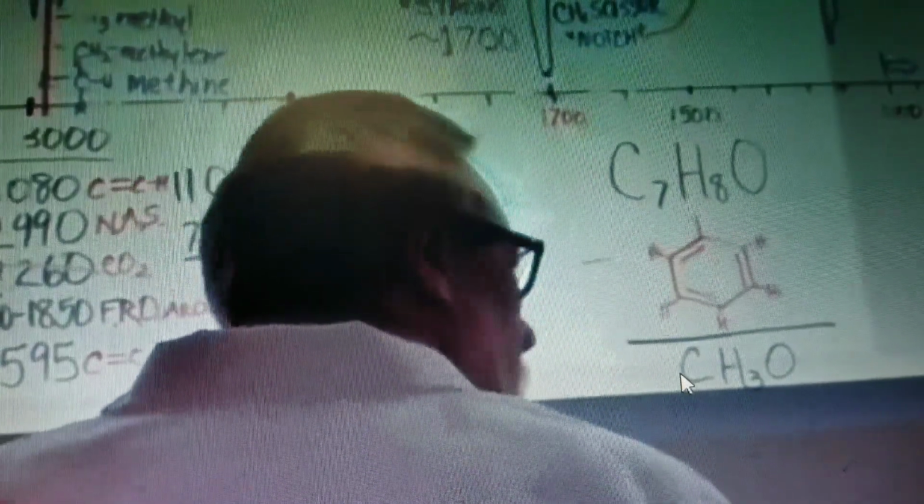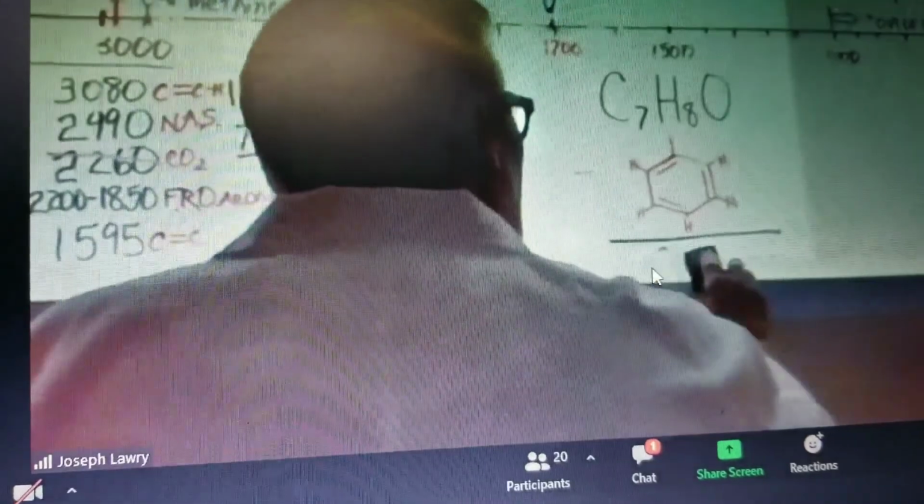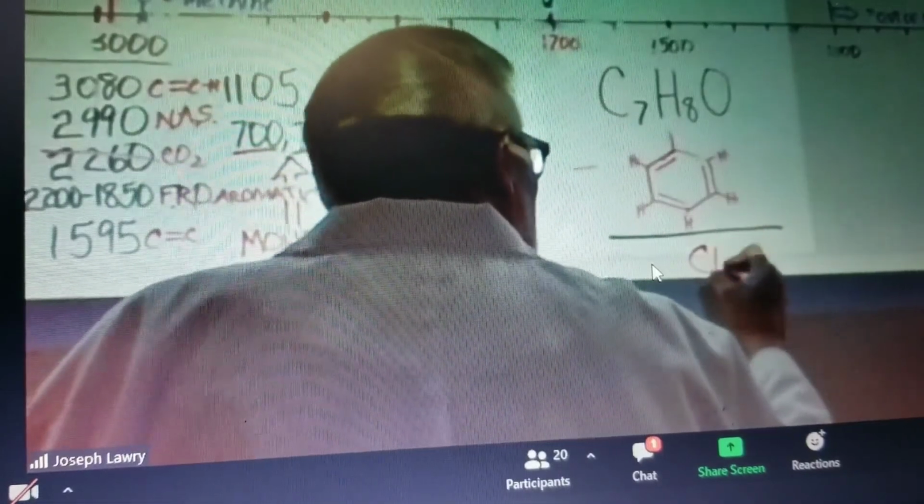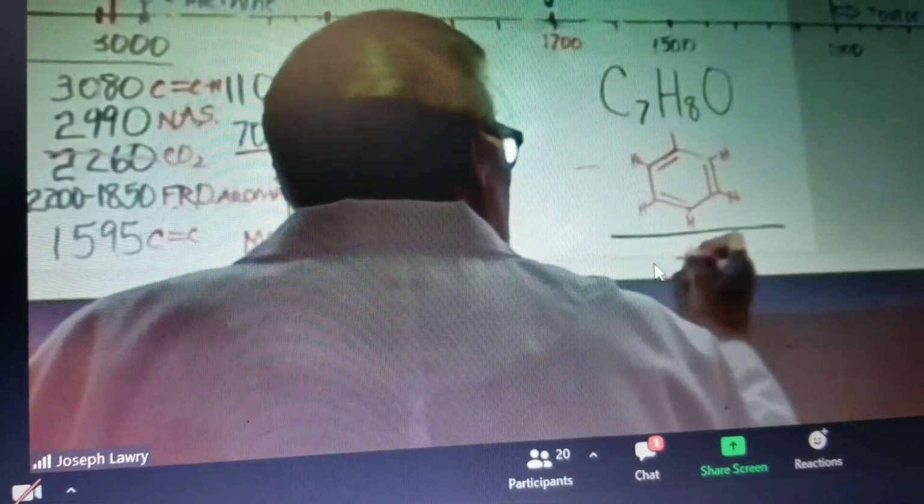Because it's what's left, I would write it also in red, because it would go towards the assembly of a molecule. It's what's left over. So I would have CH3 and O.